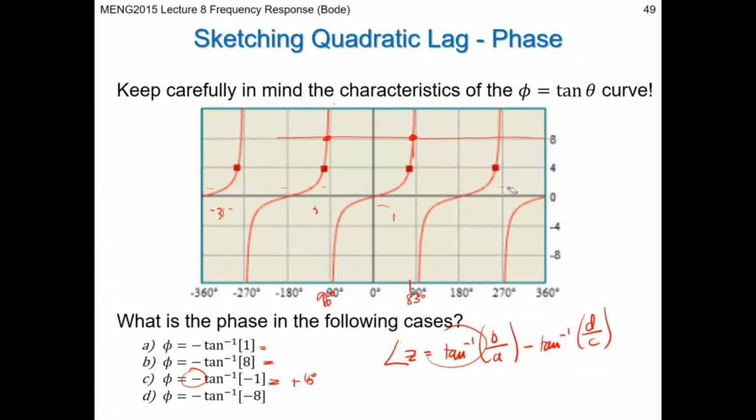So where we're taking the inverse tan of infinity, well, we can see that that could be here, it could be here, right? So there are actual solutions for inverse tan of infinity, right? That being minus 90, plus 90, etc.